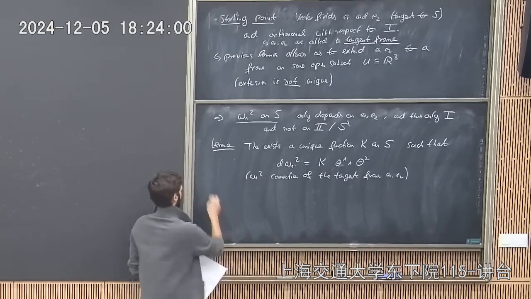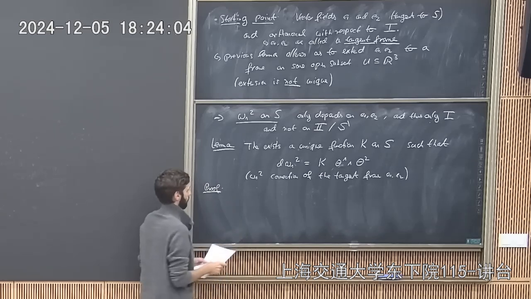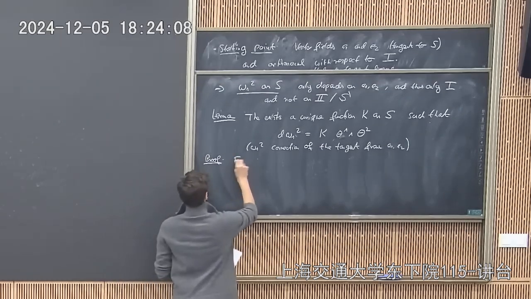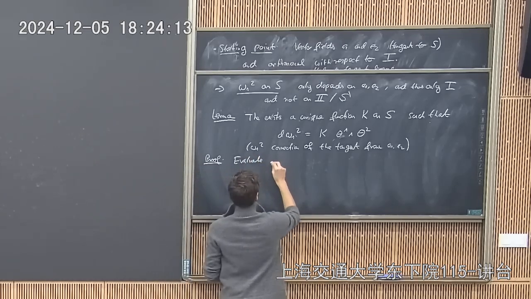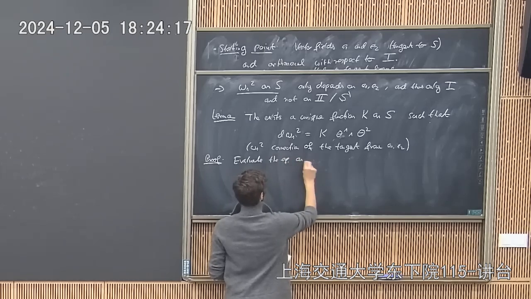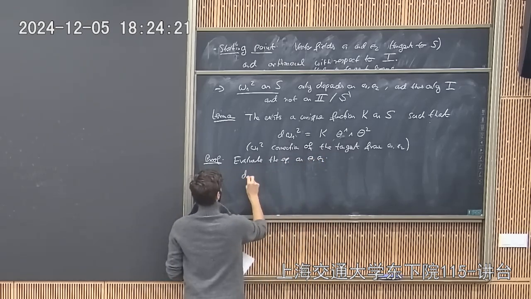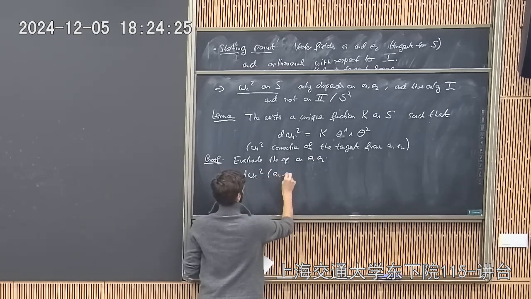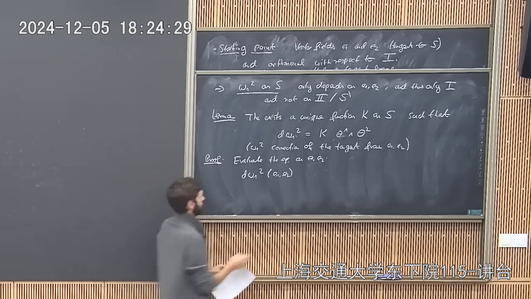And the proof is very similar as before. We just evaluate both sides on E1 and E2. So what we get is that it's d omega 1, 2. It's a one form, two form, which we evaluate in two vectors.